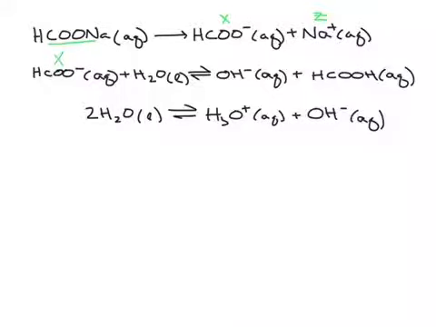Call that X again. OH minus is H. Formic acid is Y. Proton is P, and OH minus is H. We can go ahead and get ready for our inputs, equations, and outputs.